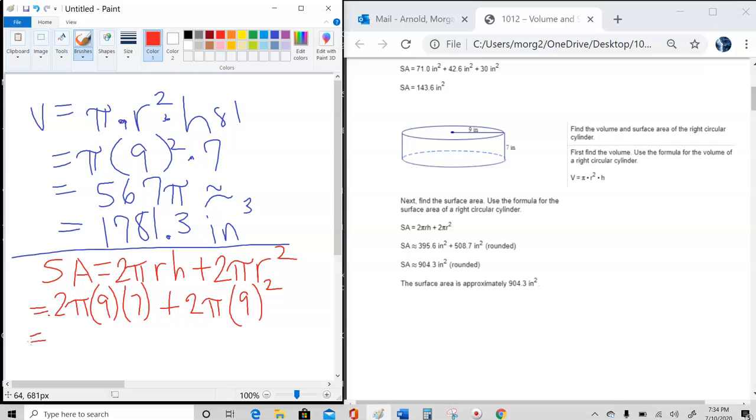Now, when you multiply the first part, you would get 126 pi plus 9 squared is 81 times 2 is 162 pi.